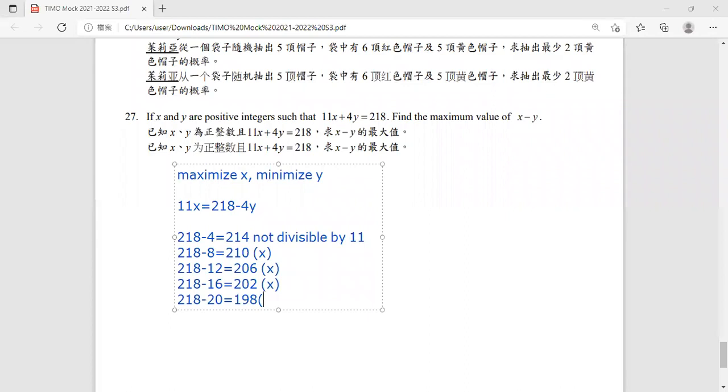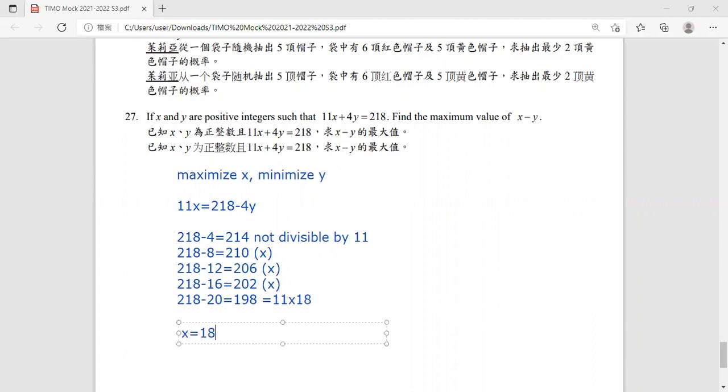Yes, this one. Okay, this is a multiple of 8 and a multiple of 11. Then I will take this case. Then x will be equal to 18 and y is equal to 5. So the maximum of this one will be 18 minus 5, which is 13. Finish.